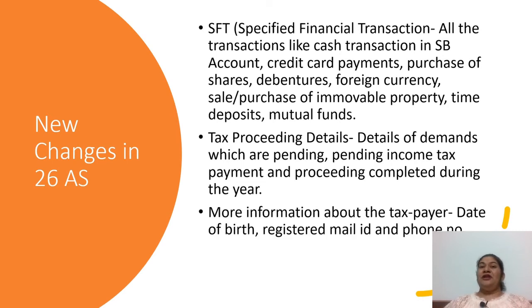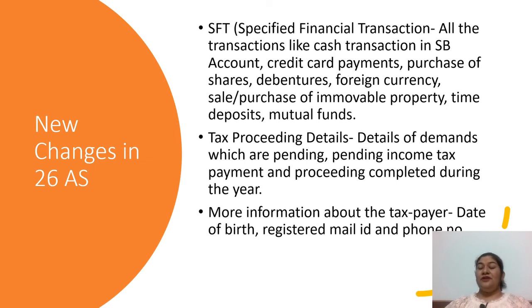There will be additionally more information about the taxpayer. Earlier, the name of the taxpayer and the PAN number were the information available. Now additionally, there will be information like the date of birth of the taxpayer, the registered mail ID and registered phone number of the taxpayer.